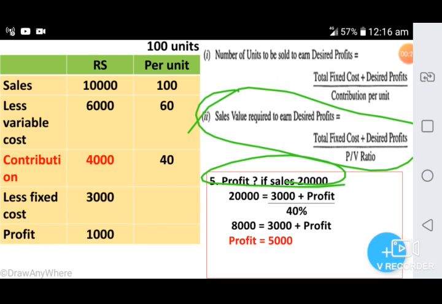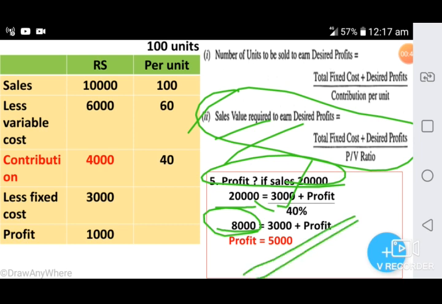Here sales value is 20,000, and fixed cost 3,000 plus profit, which we have to find out, divided by 40%, that is the PV ratio. Then cross multiply: 20,000 into 40%, 8,000 equals 3,000 plus profit. So profit equals 5,000.